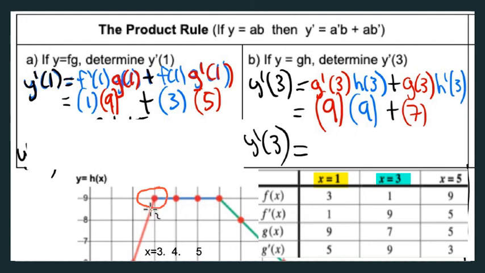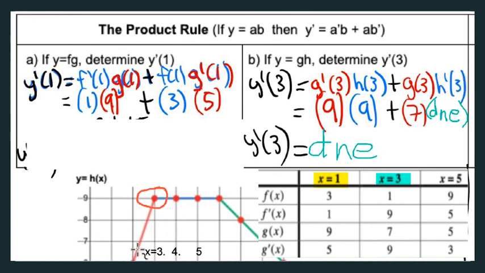That's a corner. Does the function have local linearity there? No. So what's true about that derivative? That derivative does not exist because it's at a corner, right? There's no local linearity. So can I even calculate the derivative using the product rule? No. The derivative does not exist because h prime at 3 does not exist.